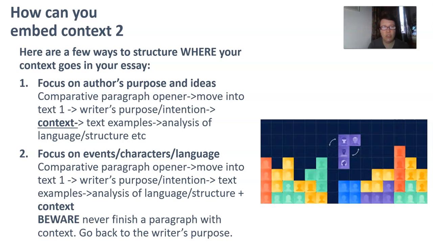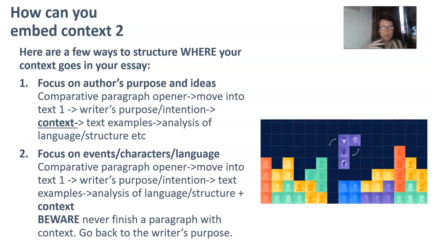And then as you do your signposted AO2, and if you go back to the AO2 video, you'll see that lovely expanded AO2 that discusses in detail language, form and structure. In there, you put your specific context links, because it's all hinged on the specific thing that's happening in the text.